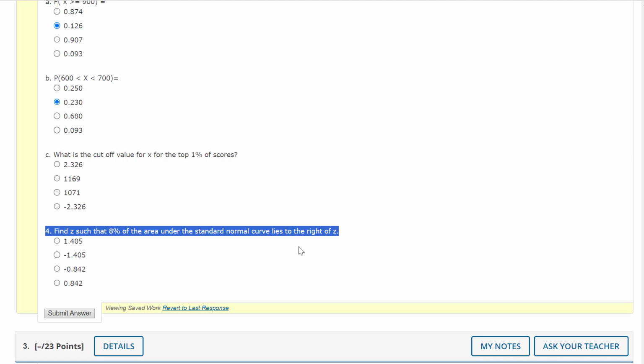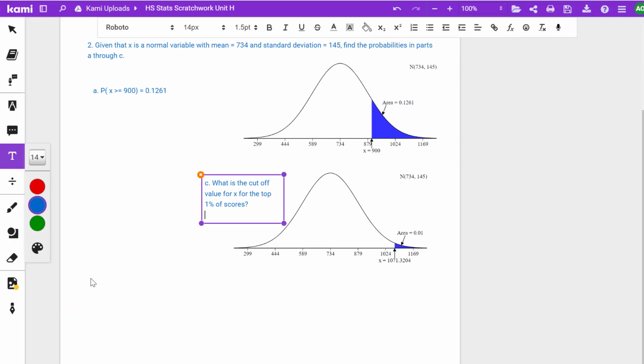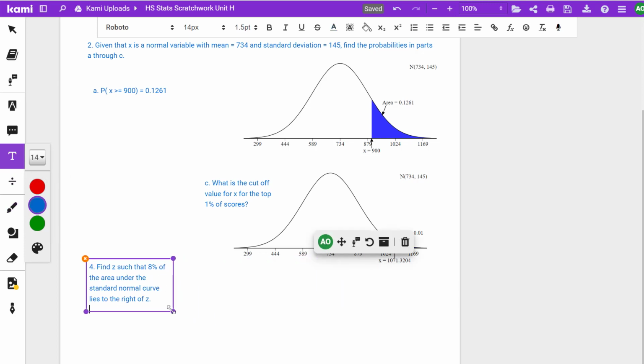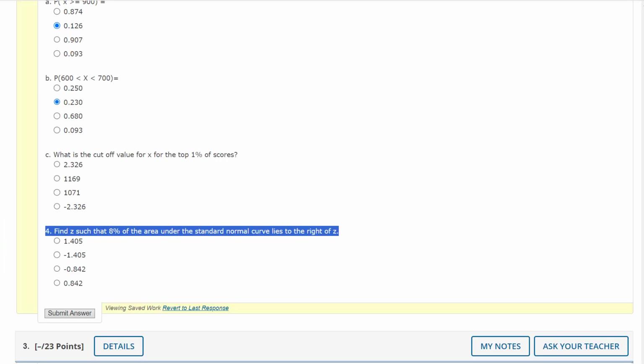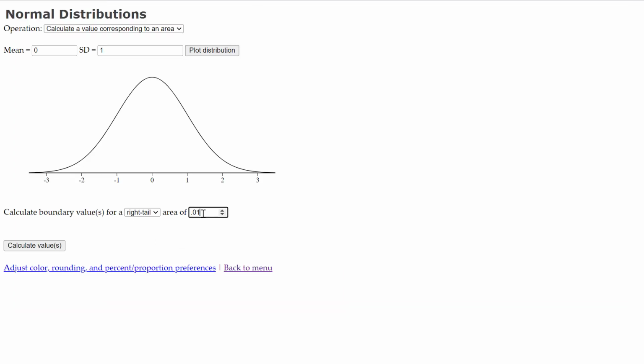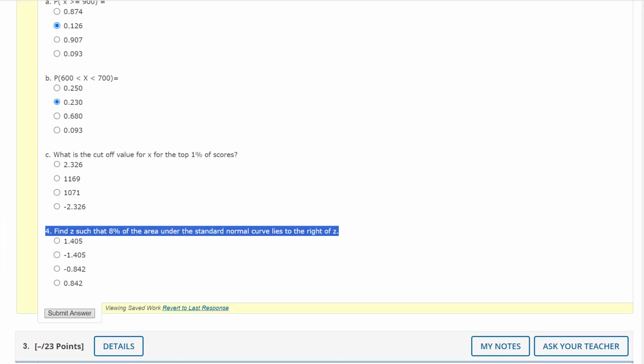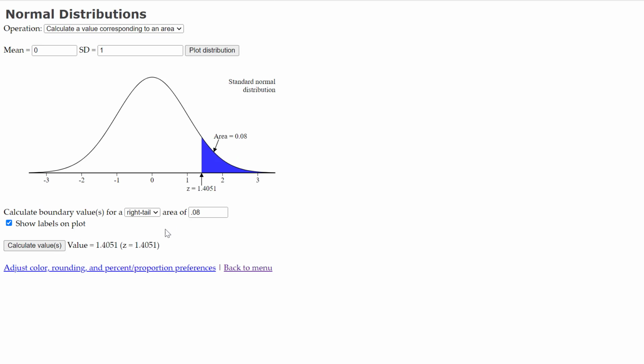Find C such that 8% of the area under the normal curve lies to the right of C. So remember, when we are doing Z's, I need a Z distribution, which I changed the mean to 0 and the standard deviation to 1. Hit plot distribution. And they wanted what percent of the curve? 8%. So make sure I do 0.08, and it lies to the right. Hit calculate, and there it gives me a Z-score, and boom.